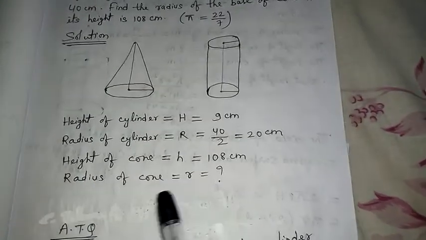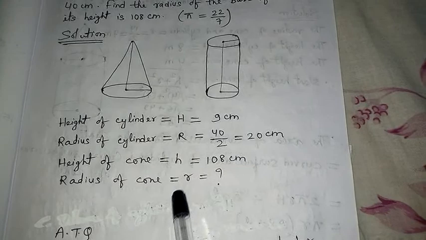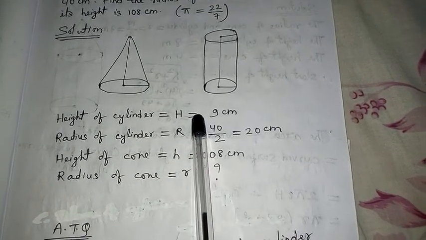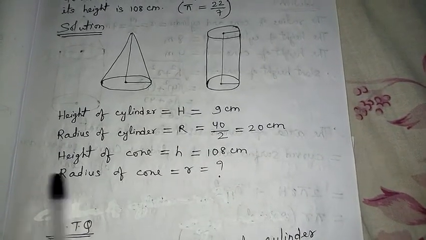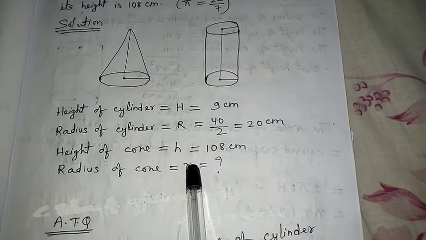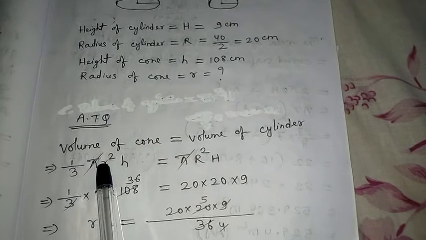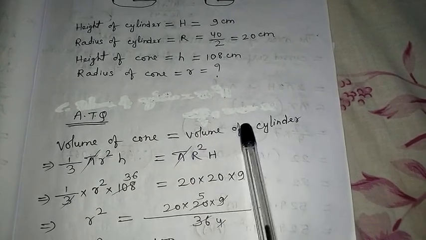Here, as there are two solids, mixed solid, for one I will write capital R and capital H, and for the second solid I will write small r and small h. So let us begin. According to the question, volume of cone is equal to volume of cylinder. That is given in the first line.